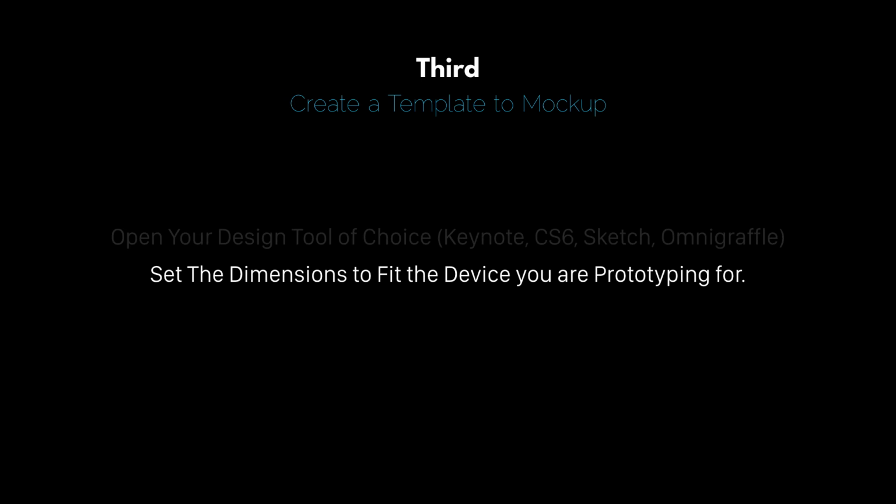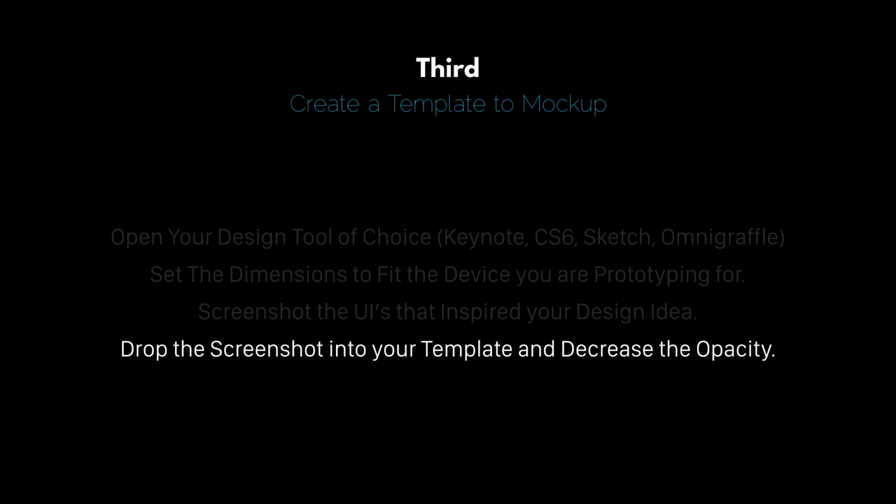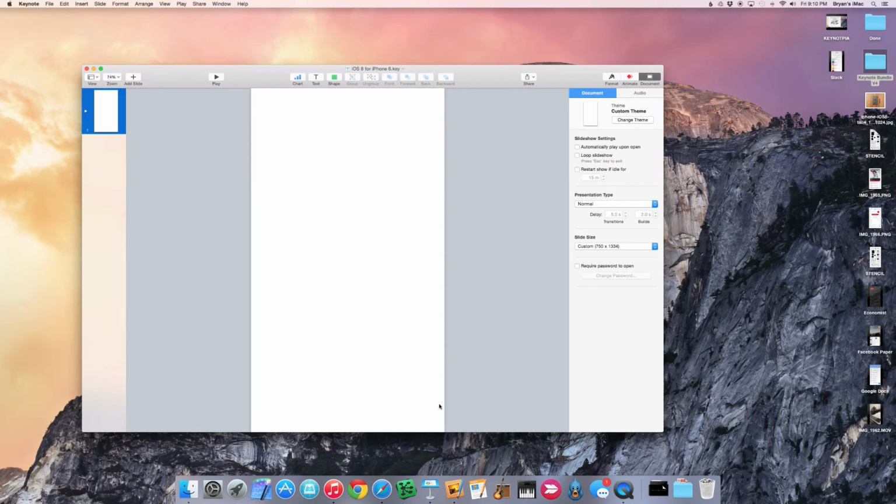So now that I've set the dimensions and basically made all of my template ready, the next step would be to screenshot the UI that inspired my design idea. So this is the Economist application that we were looking at before. Drop the screenshot into your template and decrease the opacity of the screenshot, and that looks a little bit like this.